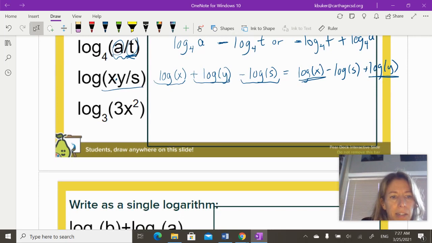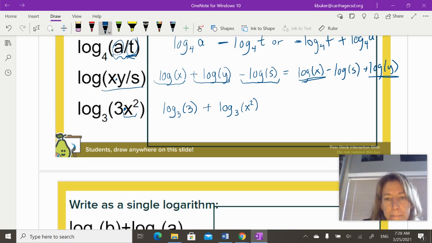All right, log base 3 of 3 times x to the second power. So notice here, our x only is raised to the second power, and this is a product. So first I'm going to write log base 3 of 3, plus log base 3 of x squared.